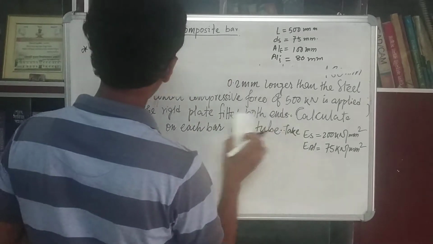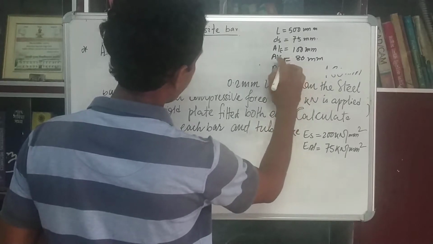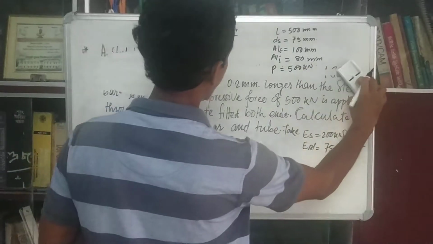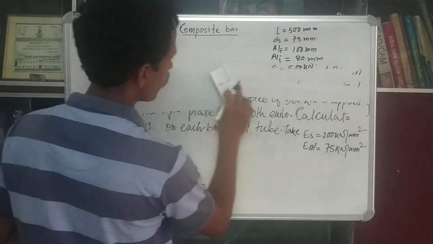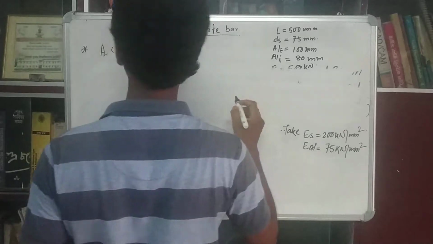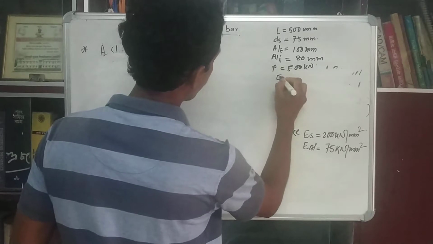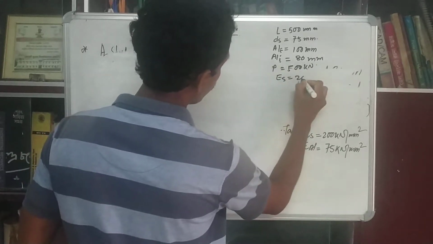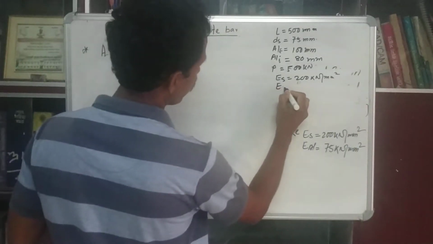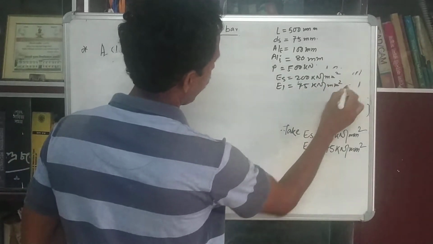Load P you can take as 500 kilonewton. Young's modulus for steel is 200 kN per mm square, and Young's modulus for aluminium is 75 kN per mm square.